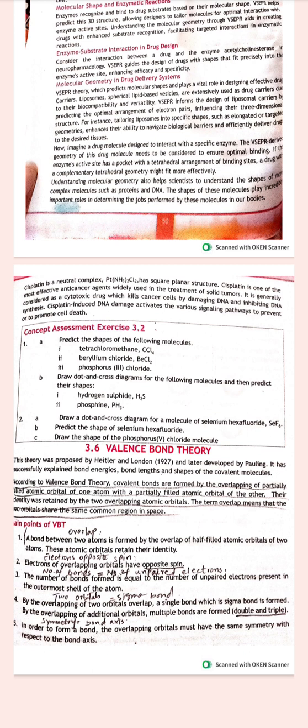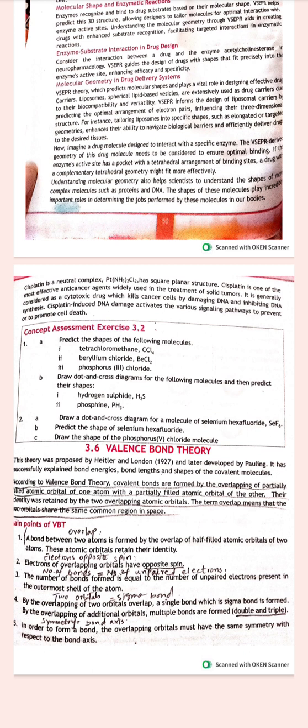Now imagine a drug molecule designed to interact with a specific enzyme. The VSEPR-derived geometry of this drug molecule needs to be considered to ensure optimal binding. If the enzyme active site is a pocket with a tetrahedral arrangement of the binding site, a drug with a complementary tetrahedral geometry might fit more effectively. So the drug has a design that fits its active site.